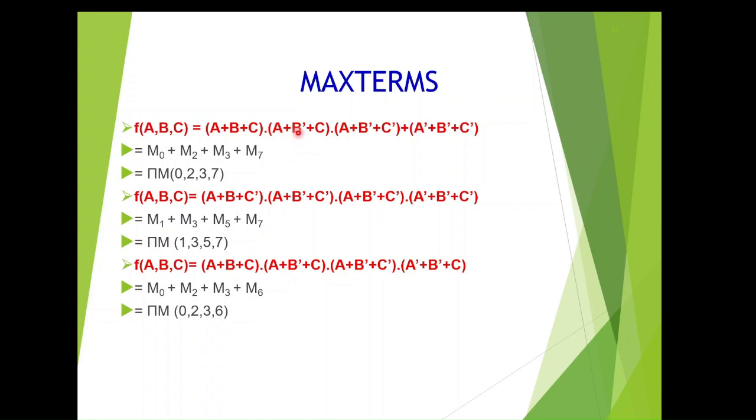So 0, 1, 0, that is nothing but 2. So here it is 0, 1, 1, so it is 3. Here 1, 1, 1, so it is 7. So 0, 2, 3, 7. This pi represents it is a product or multiplication. And this capital M represents max term.